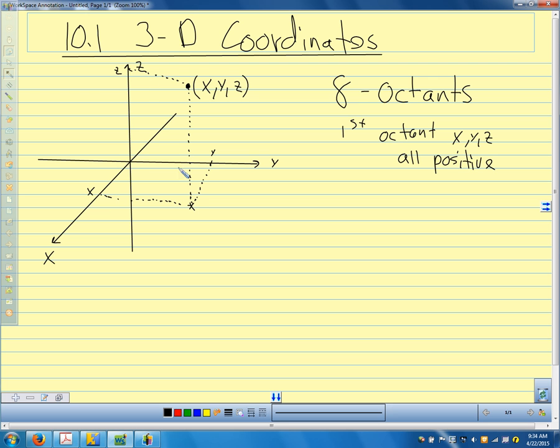In addition to coordinate axes, we end up with coordinate planes. We have the xy plane, which is our familiar plane. On the xy plane, z equals 0.